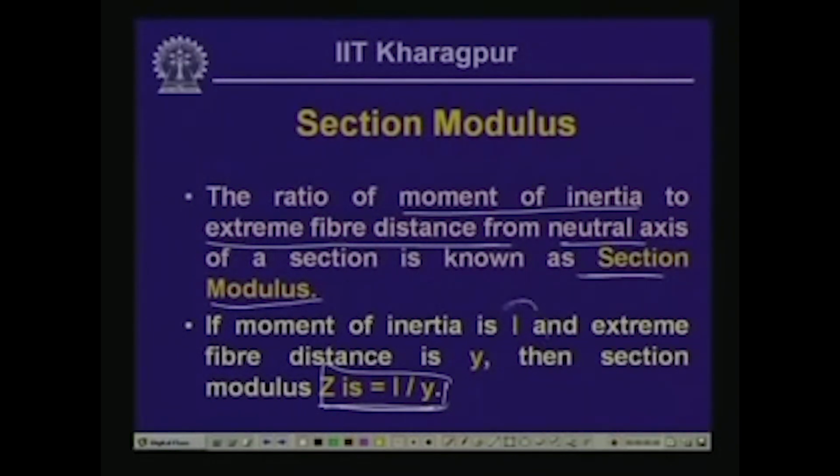So, if I is the moment of inertia and y, let us call this y max, which is the extreme distance from the neutral axis of the outer fiber, then I by y max is equal to Z, the section modulus of a particular section, which we decide from the bending moment and the stress.